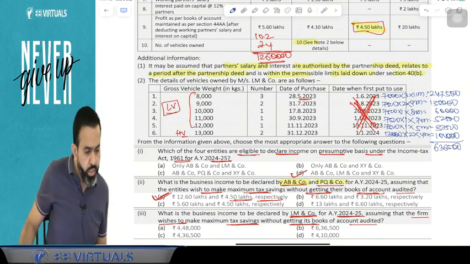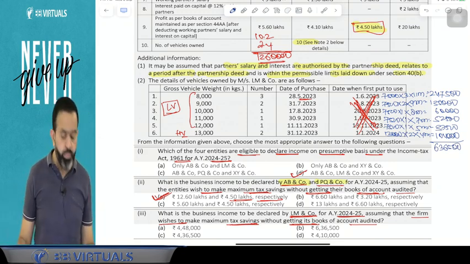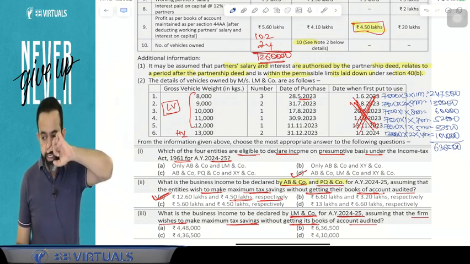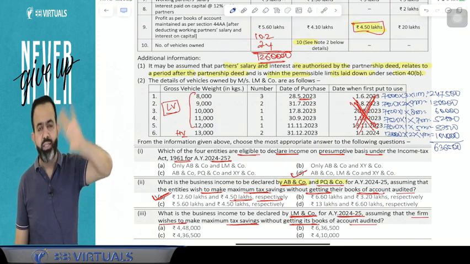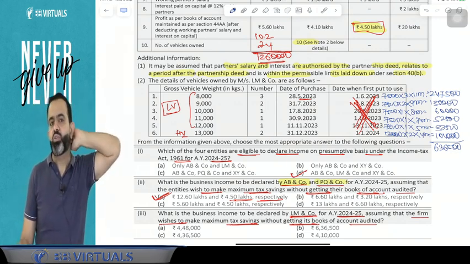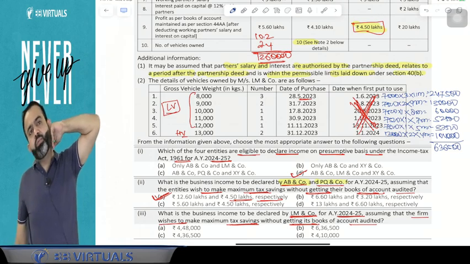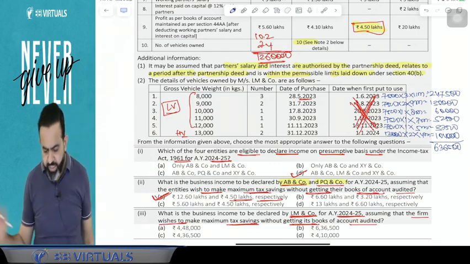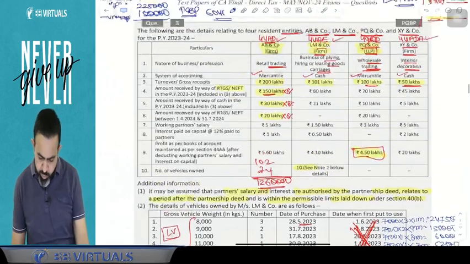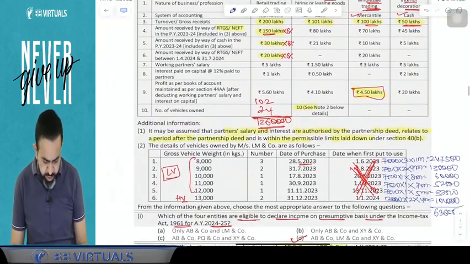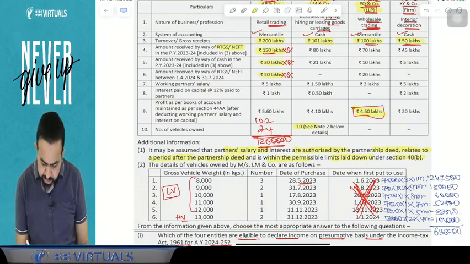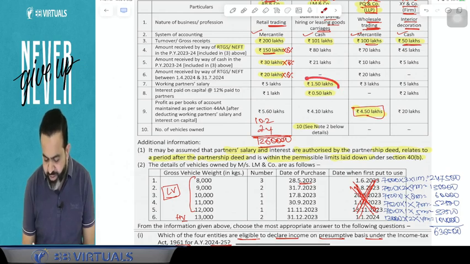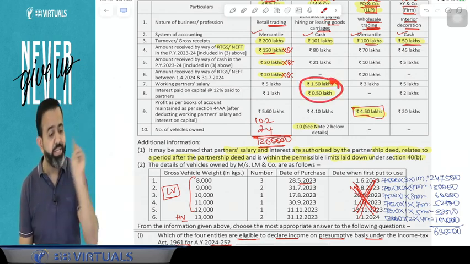Now, when the assessee follows 44AE, then remuneration and interest to partners is allowed. Otherwise it is not allowed; under 44AD and 44ADA it is not allowed. But when the partnership follows 44AE, remuneration and interest is allowed. Here the remuneration is 1.5 lakh and interest is 0.5 lakh, so 2 lakh of remuneration and interest is allowed.